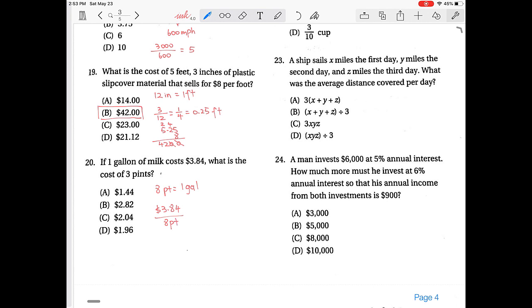We're trying to find the cost of 3 pints, and we multiply this by 3, which is equal to 384 times 3, so that's 12, that's 25, this is 11, and 2 decimals, 1152 divided by 8, that's 1, and 4 times 8 is 32, and 32, and that's another 4, 1.44, which is option alpha.